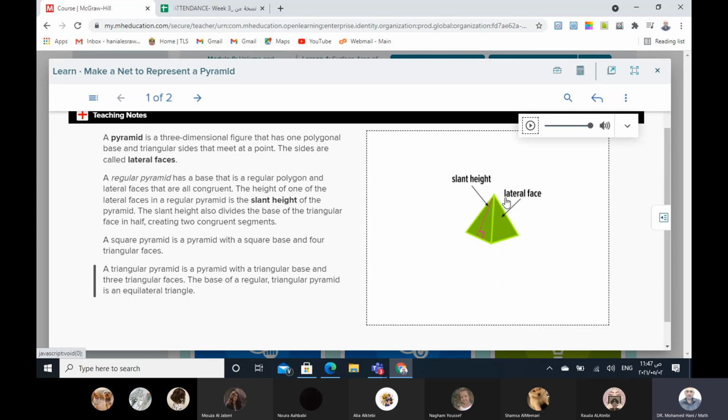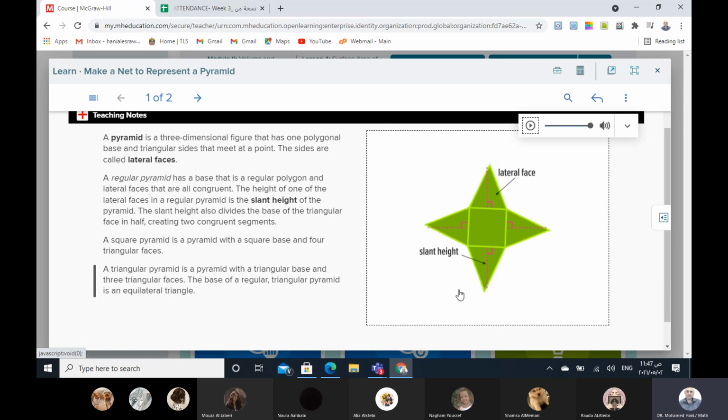The name of the face is lateral face. All the faces, as you see, are triangles. If the base is a regular polygon, like here a square, we have four congruent triangles.